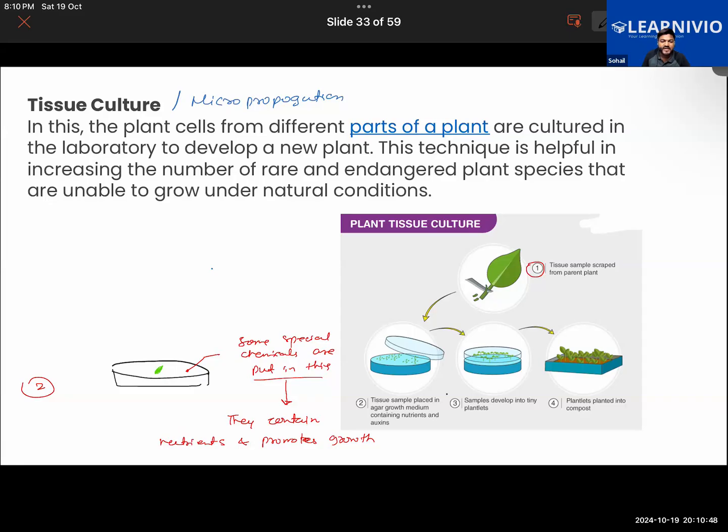These trees are endangered, and if we were to grow them in natural conditions, it will take lots of time, plus they might not be able to grow properly. So we will prefer the method of tissue culture. Also, you can see how many plants we are able to grow from just a tiny fraction. At a given time, we can grow hundreds to thousands of plants from just one tiny fraction of the plant. Is that clear to everyone?